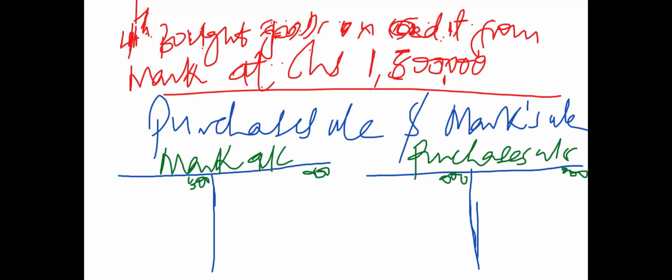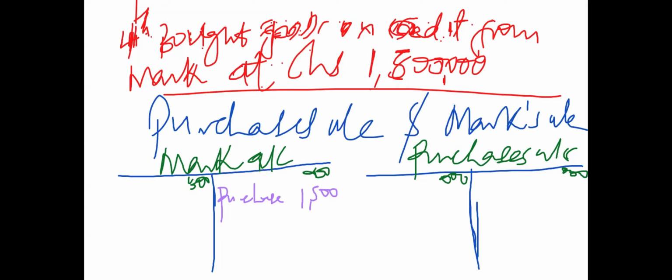So let's see. Let's fill in the values. We are going to credit Mark's account in the name of purchases. Make sure you put the dates. It is 1.5, but I'm taking 1,500.